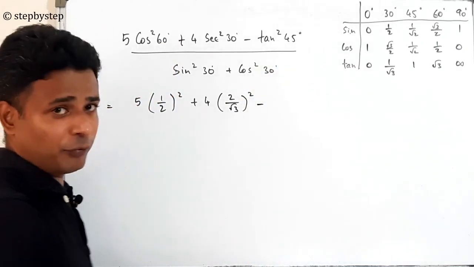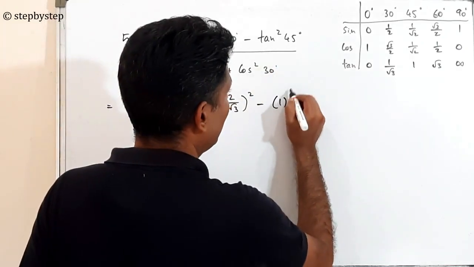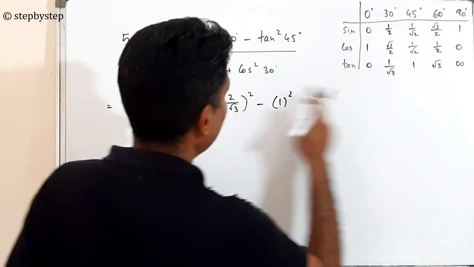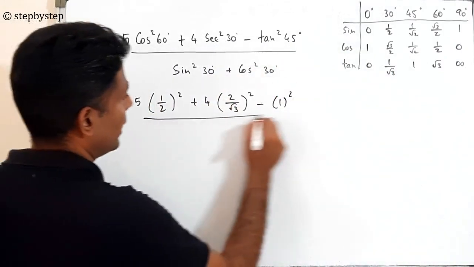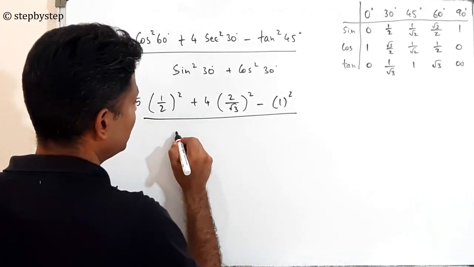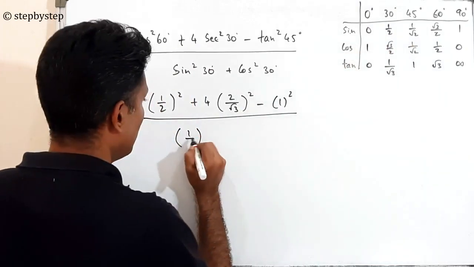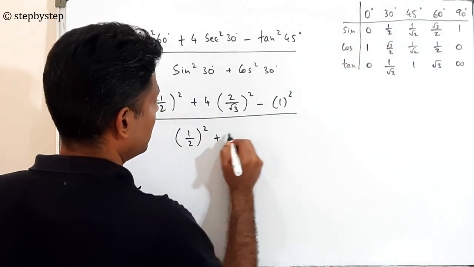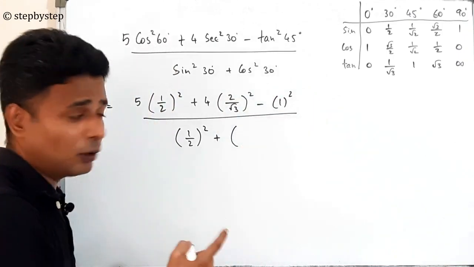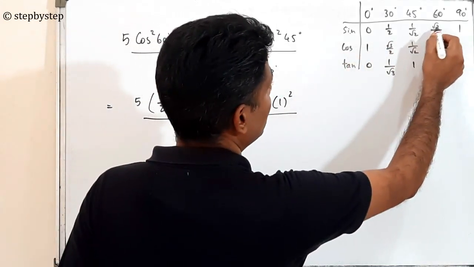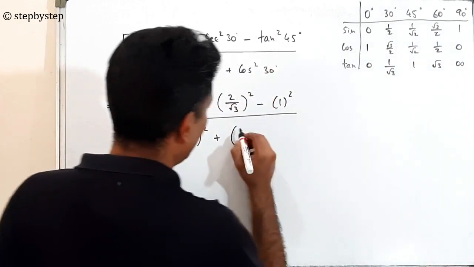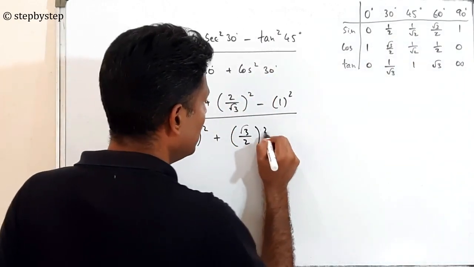Minus tan square 45 is tan 45 whole square. Tan 45 is 1 and 1 whole square. By sin square 30 is sin 30 whole square. Sin 30 is 1 by 2 whole square plus cos square 30, that is cos 30 whole square. Cos 30 is root 3 by 2 whole square.